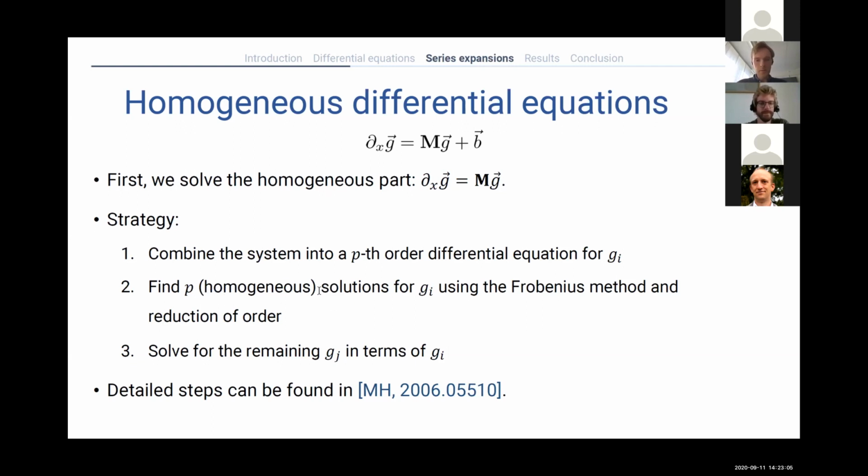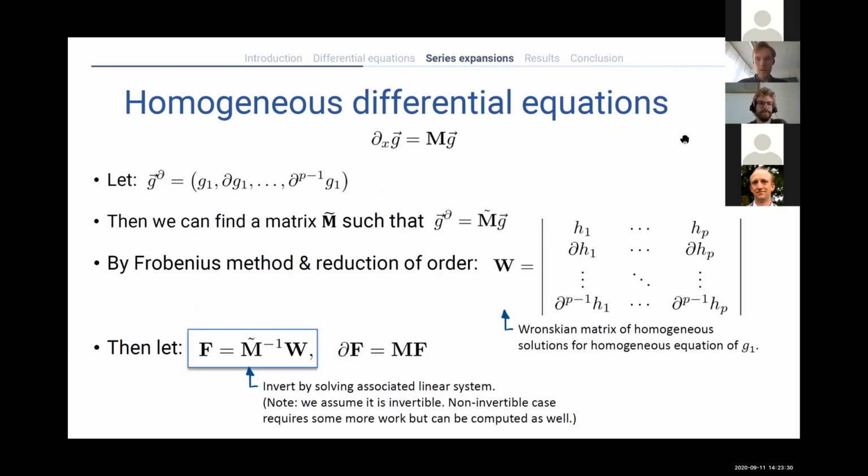And then once you find p homogeneous solutions for GI, you find these homogeneous solutions using what's called the Frobenius method and the method of reduction of order, which is also something standard, so I'll skip over it. And then you can solve for the remaining integrals Gj in terms of GI. The more detailed steps can be found in my paper.